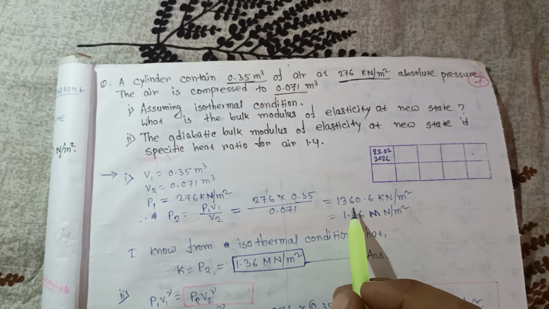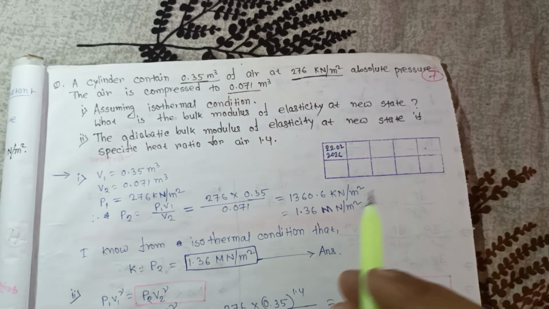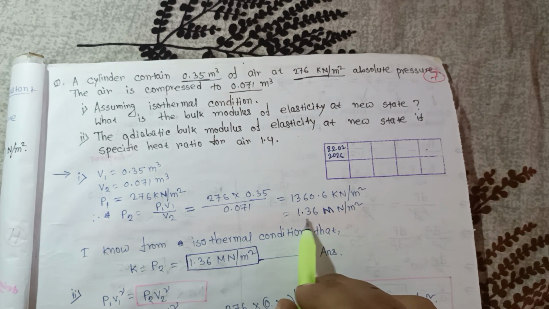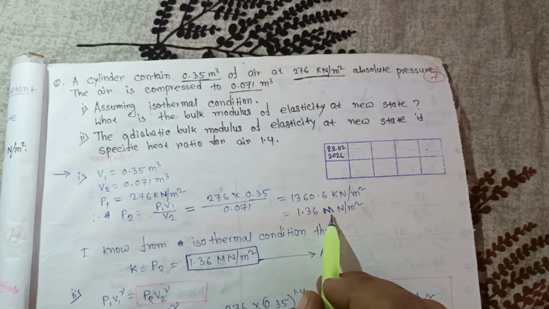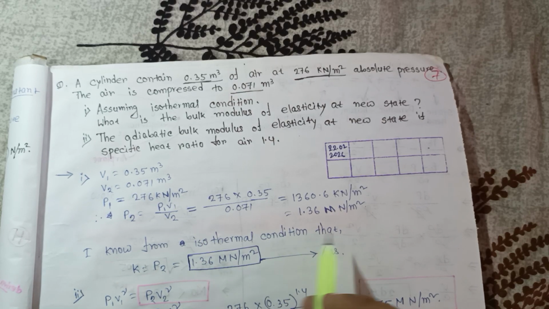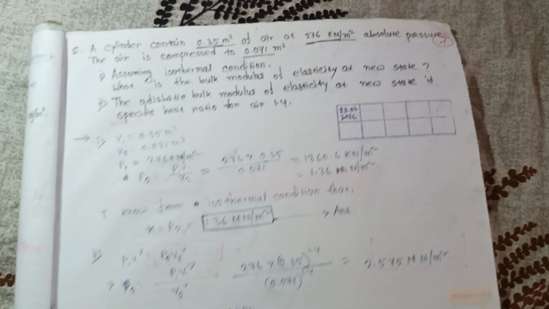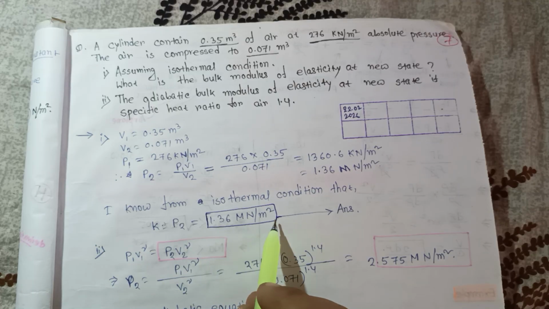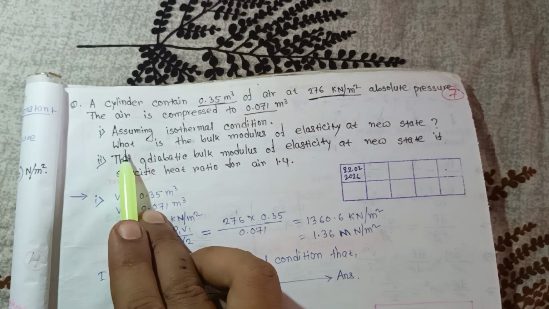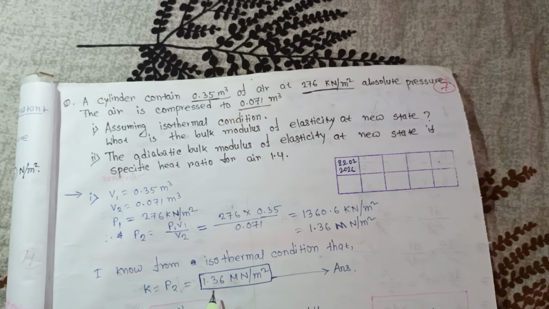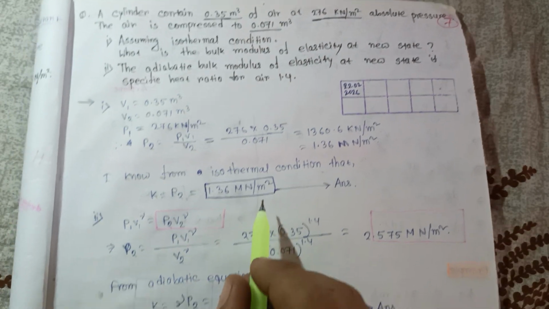This equals 1360.6 kilonewton per meter square, so 1.36 mega Newton per meter square. From the isothermal condition we know that K equals P, so K equals P2, which is 1.36 mega Newton per meter square. So the answer to the question, the bulk modulus of elasticity at the new state, is 1.36 mega Newton per meter square.